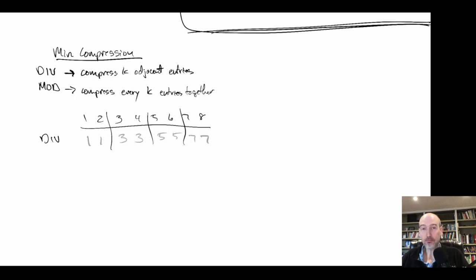Okay, so you could just imagine going through your table and you take k adjacent entries, in this case k is 2, and you replace every entry in there with the minimum of all k values.